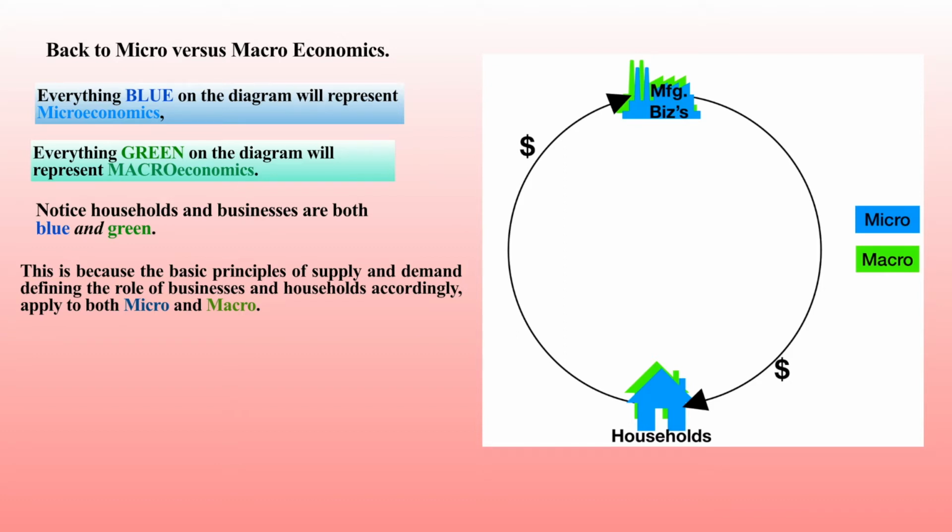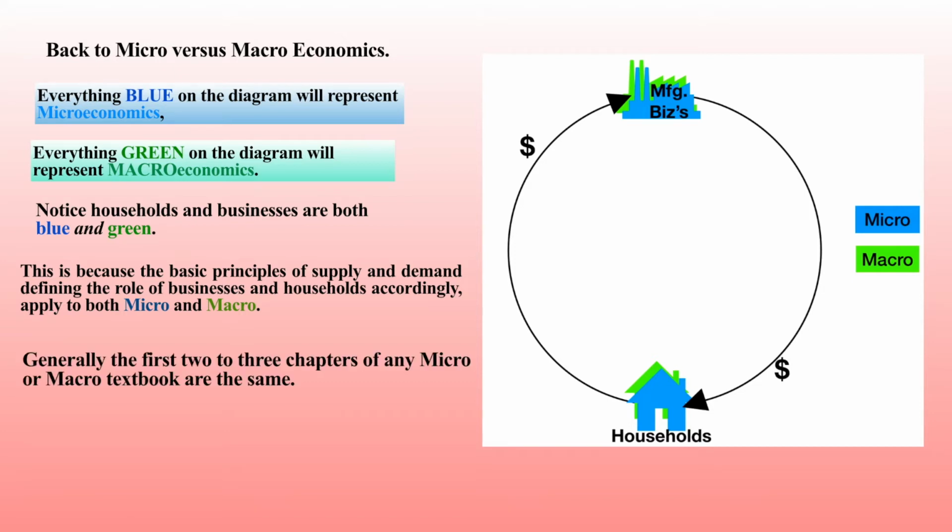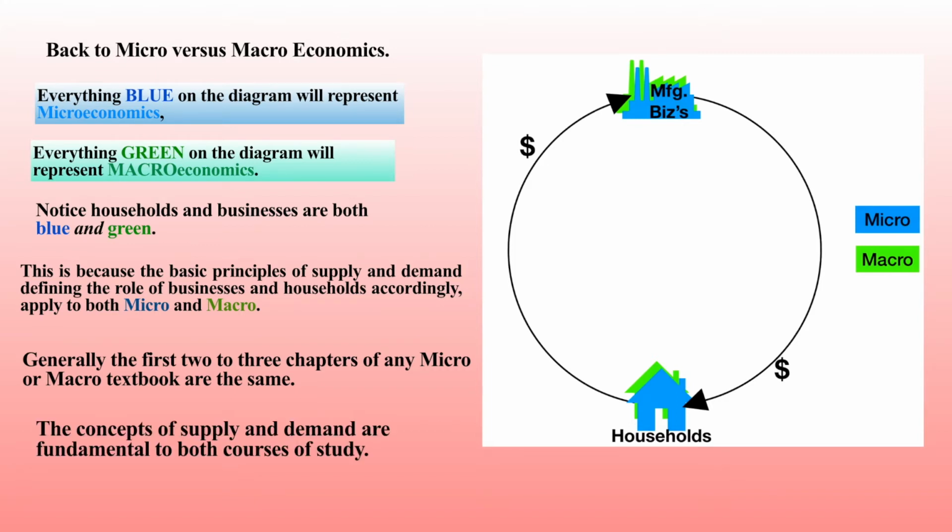And they are both involved in the micro and macro study. In fact, generally, the first 2 or 3 chapters of any micro or macro textbook are the same. The concepts of supply and demand are fundamental to both courses of study. So it's not until about the 3rd or 4th chapter that one textbook will go into micro and go in a different direction. The other will go into macro, a different direction.